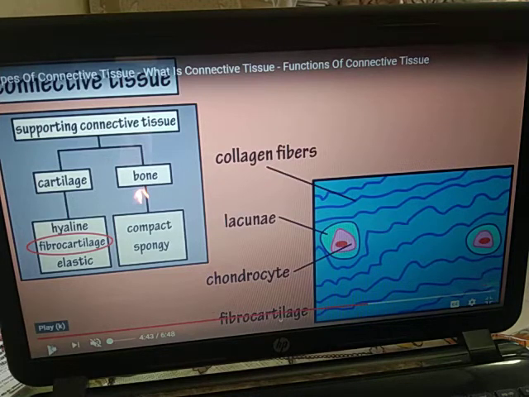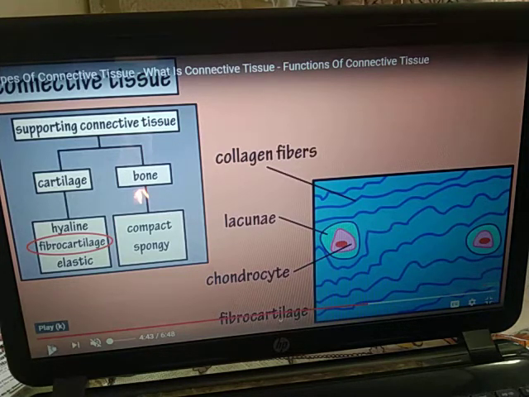The matrix, the ground surface, is made up of protein and sugar. Cartilage smoothens the bone surface at the joints. That means it makes the surface of the bones at joints smooth, and it is also present in the tip of the nose, ear, trachea, and larynx.